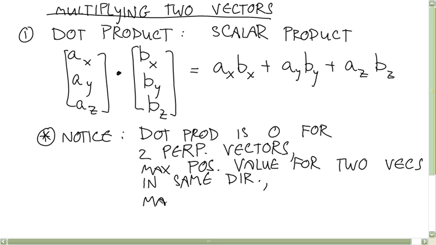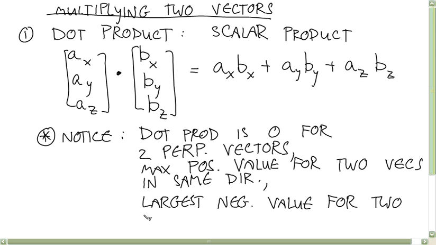And it has its greatest negative value, largest negative value, for 2 vectors in opposite directions. So they're parallel to each other, but the heads are facing the opposite directions.